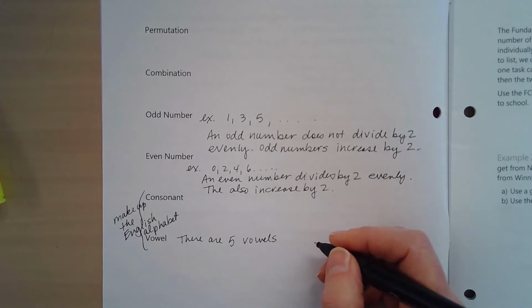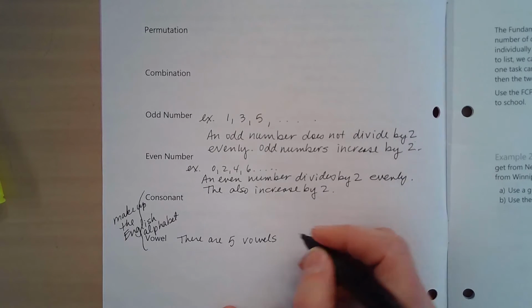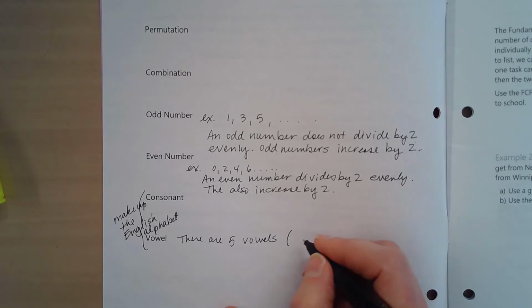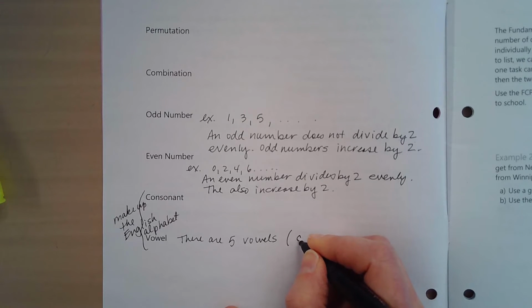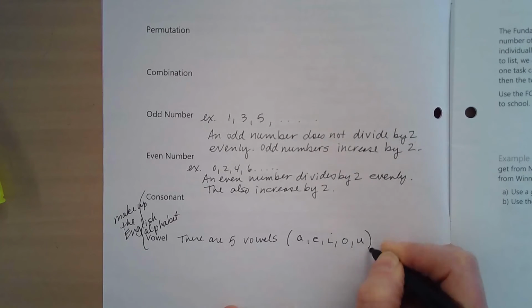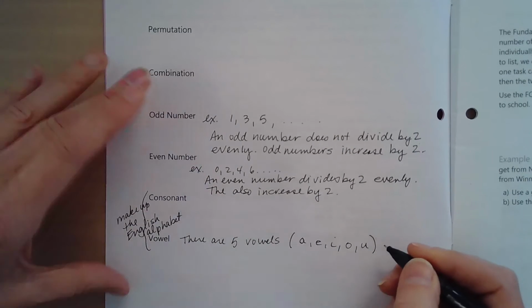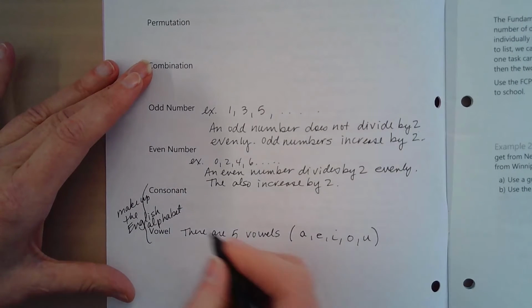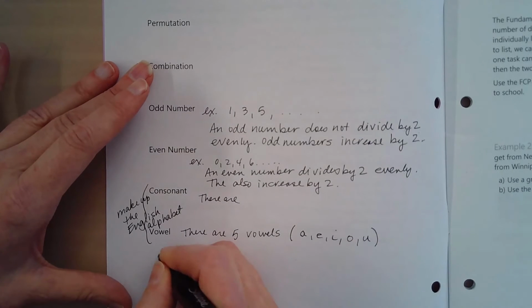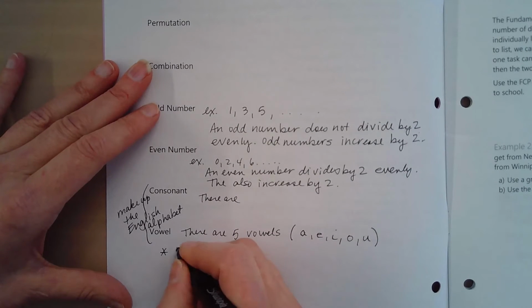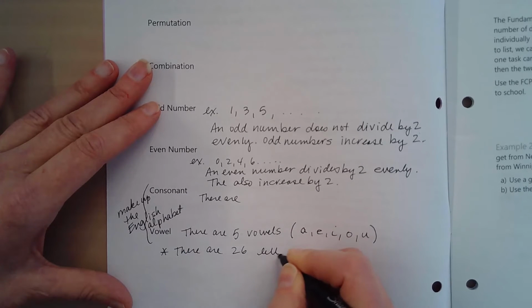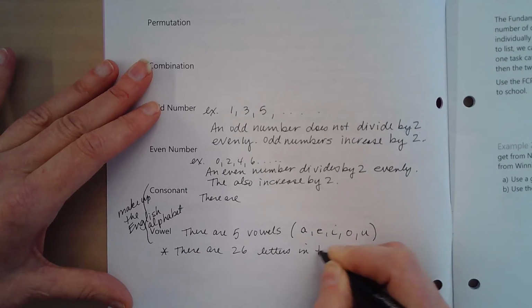We don't usually include Y. It would have to be a special circumstance and you would be told to include Y. So what are the vowels? Yep, A-E-I-O-U. So how many consonants are there? How about I give you this? There are 26 letters in the English alphabet.